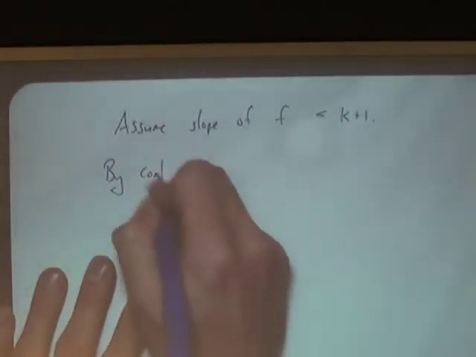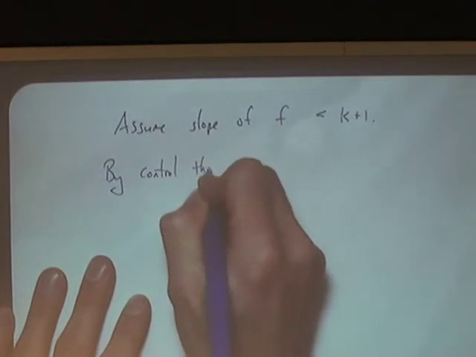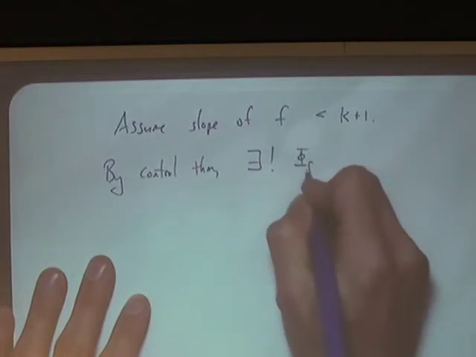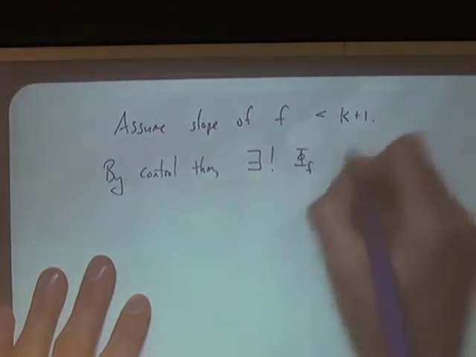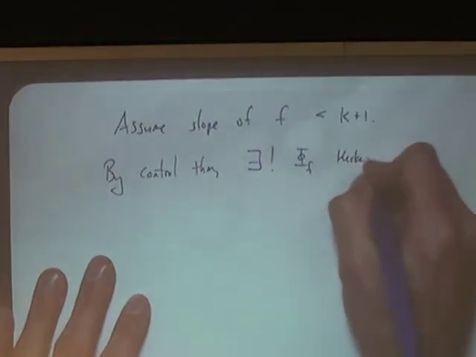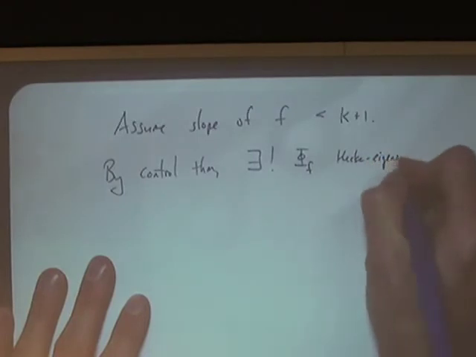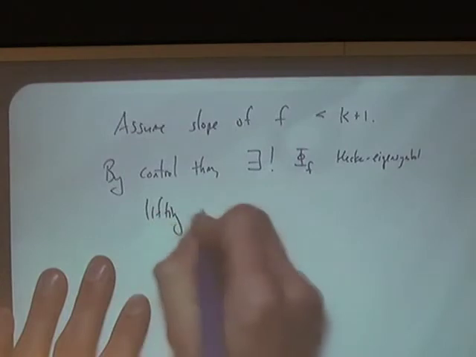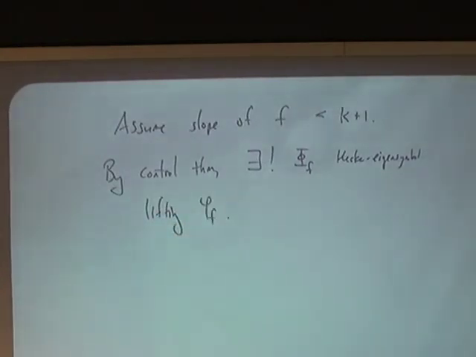So let me do that. By the control theorem, there exists a unique Hecke eigensymbol, Phi_f, lifting little phi_f.